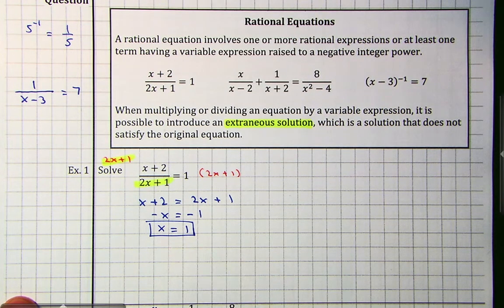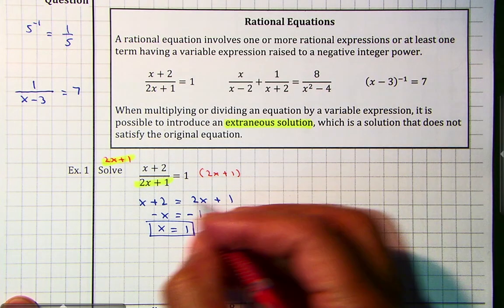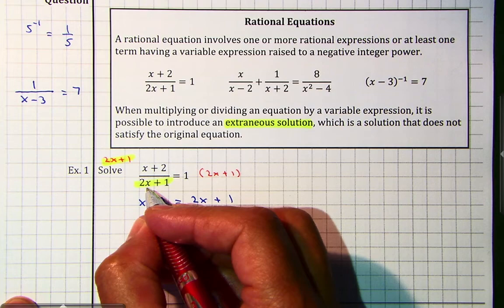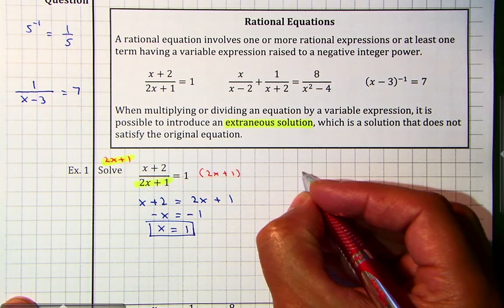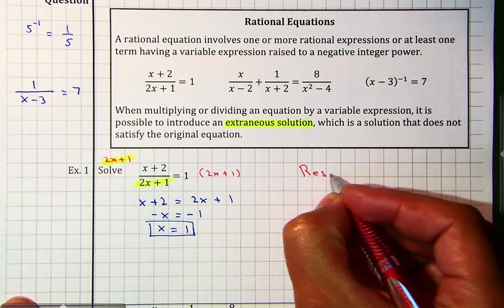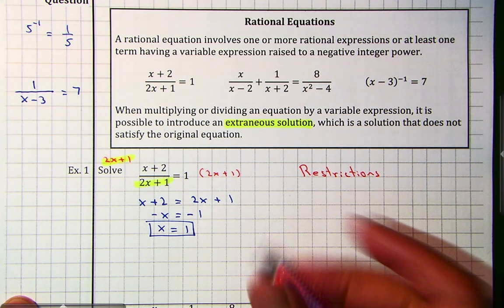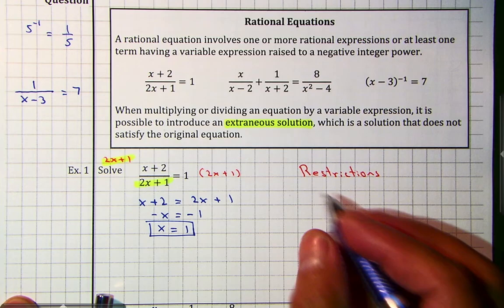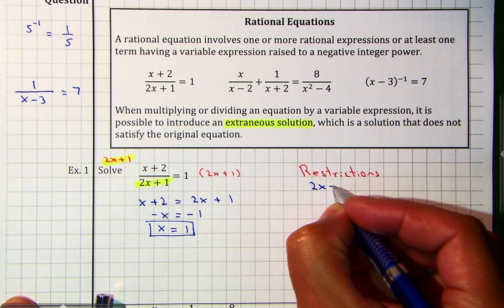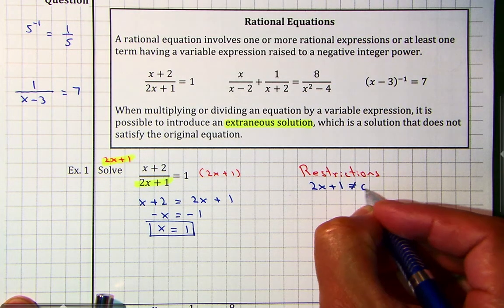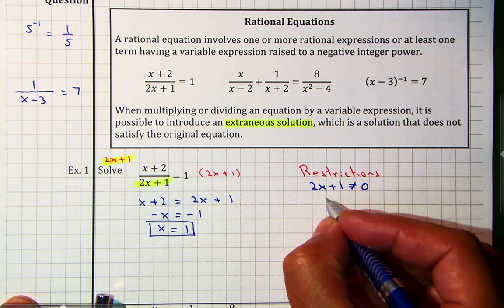So what we need to do, two different ways that we can think about it. We can double check what our restrictions are because we don't want the denominator to be 0. We're going to call those our restrictions. 2x plus 1 cannot be equal to 0, because otherwise it'll be undefined. Move the 1 to the right, we can say negative.